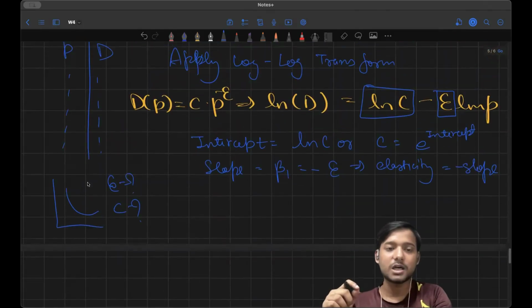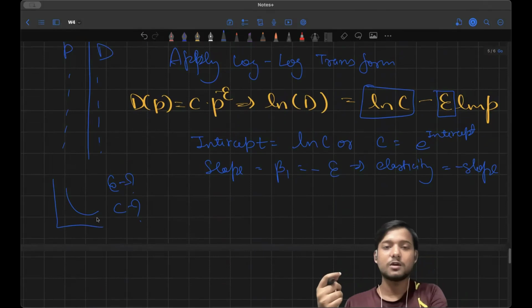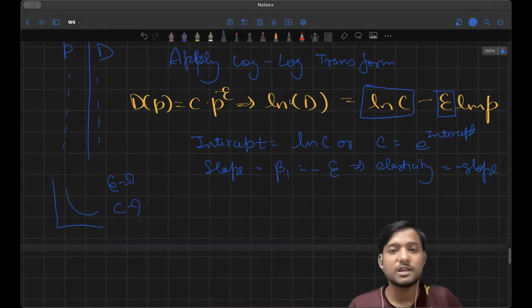I cannot estimate my elasticity and this constant C in this kind of setup. If it was linear I could have captured the trend, but it is not linear. So when we apply the log-log transformation, you can see that this non-linear relationship converts into a linear relationship.